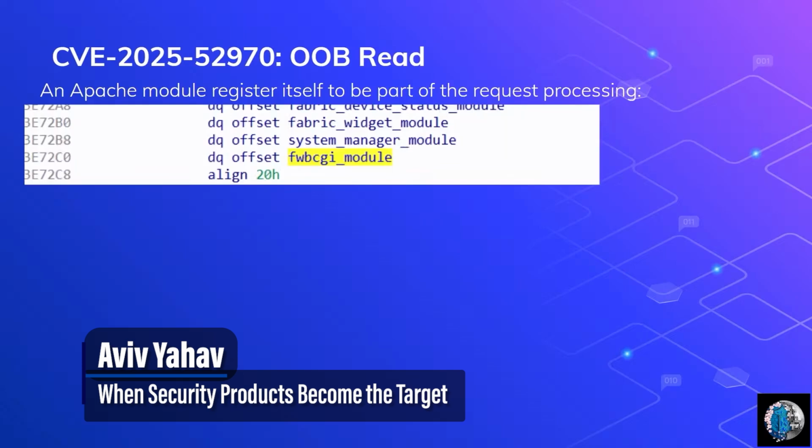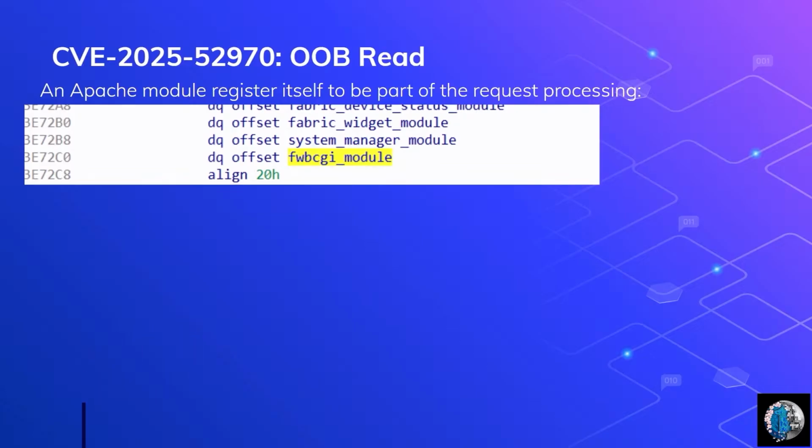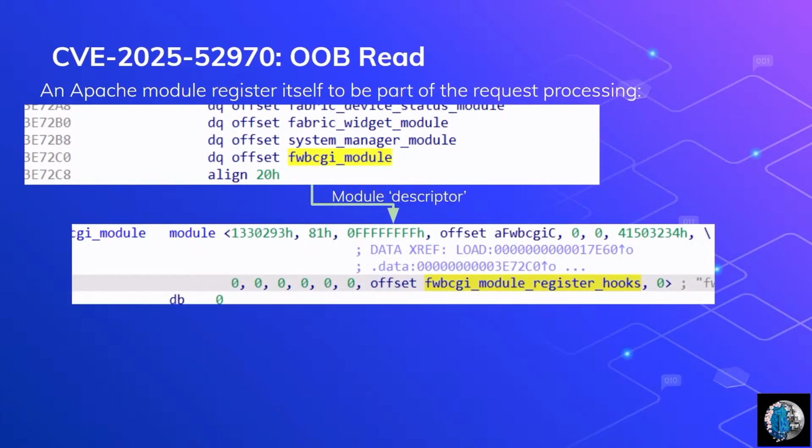So, like we saw in the previous slide, we have this array. One of the entries is the FortiWeb CGI module, and what it actually is, is a pointer to a module descriptor. I'm not sure if descriptor is the right word, this is why I put quotes on it. This module descriptor specifies some things about the module. This is a C data structure, which is part of the Apache runtime.